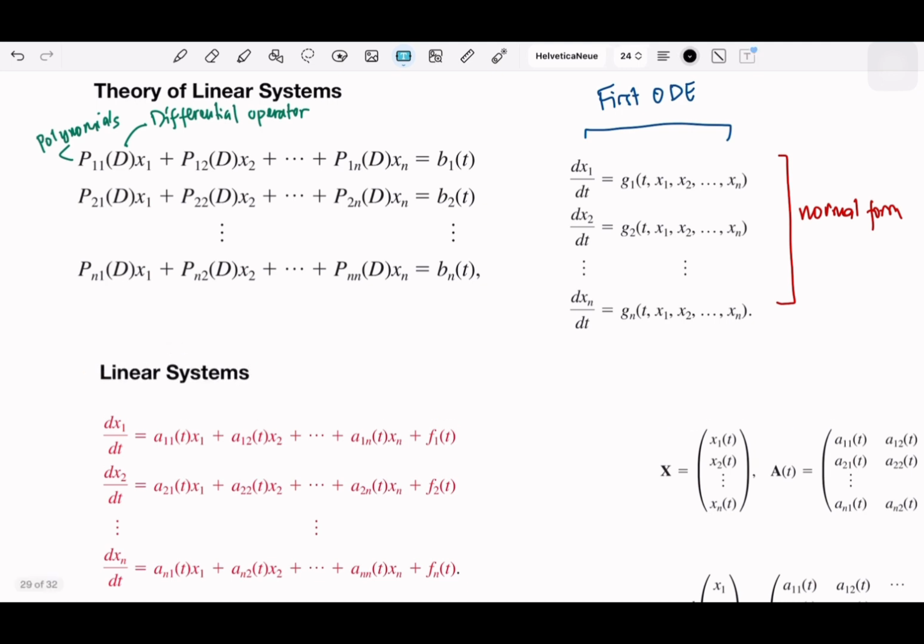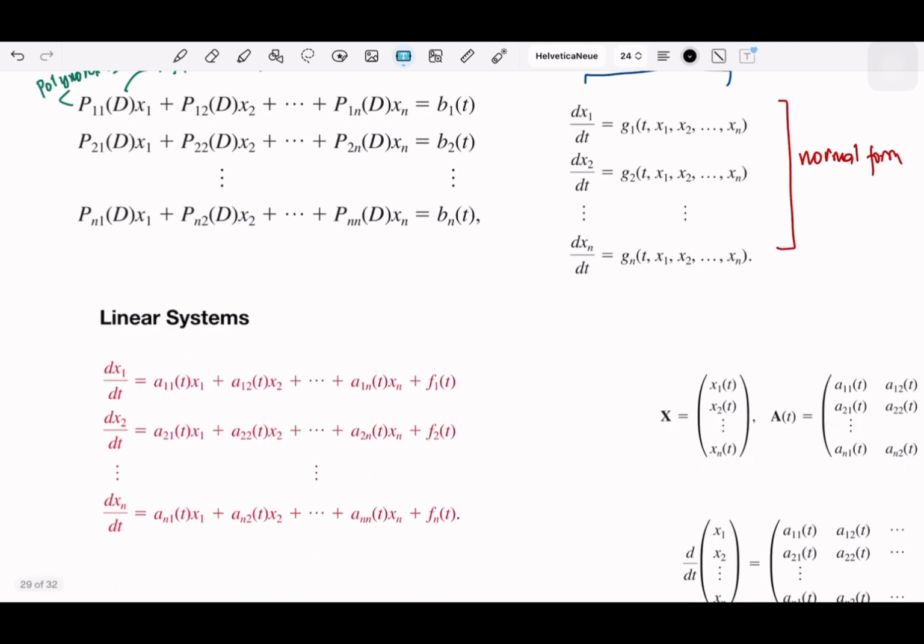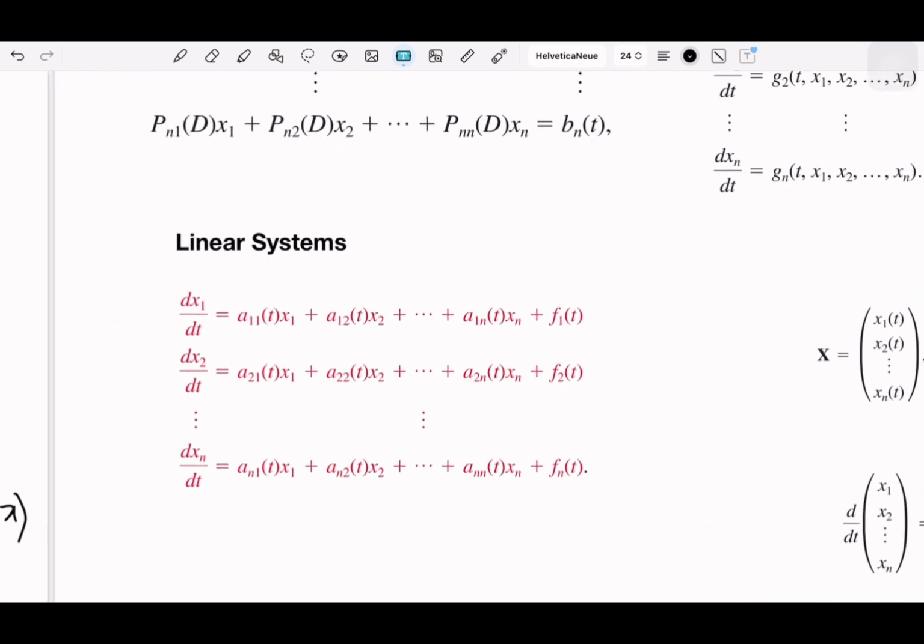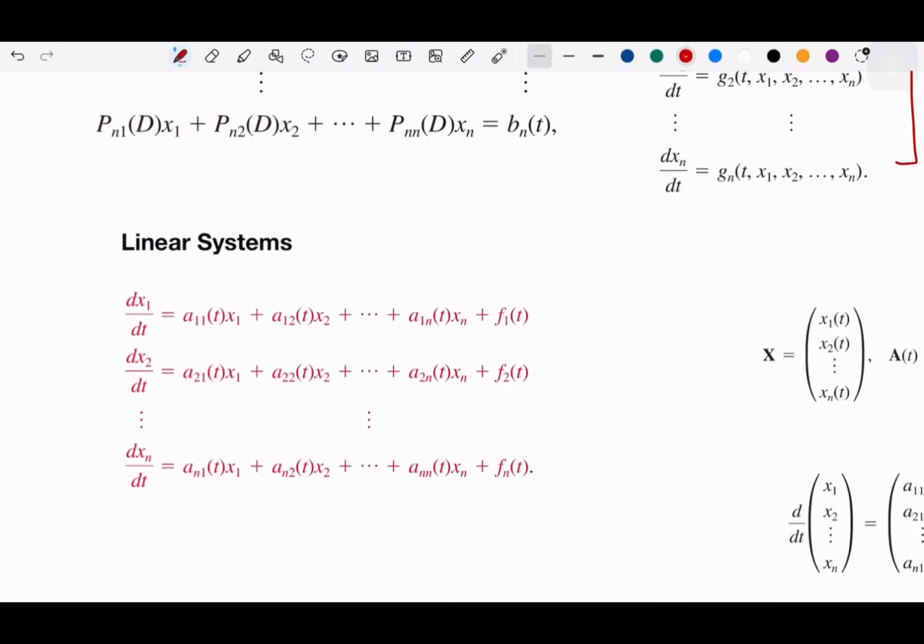So we can adjust all the A and all the variables, and this is the normal form of the first order ODE system.